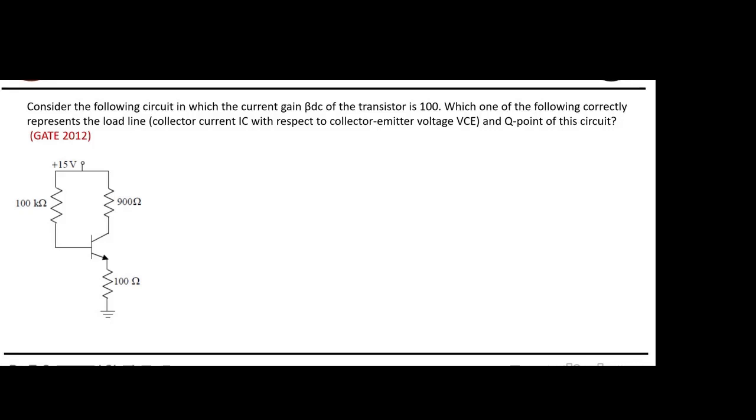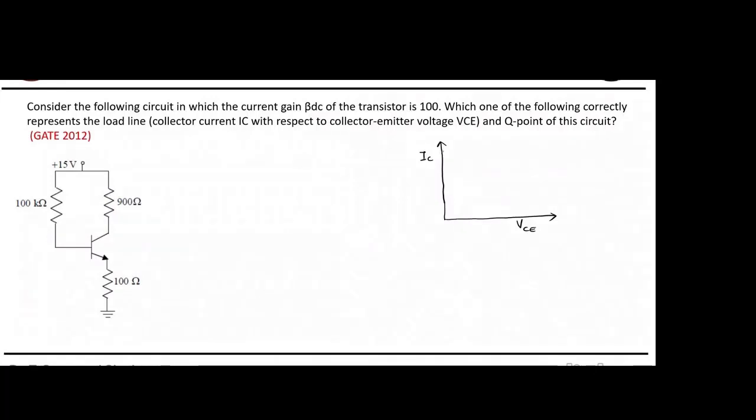Okay, have you read this question? The question says that in this circuit, the beta DC, that is the beta value, is 100. And which one of the following correctly represents the load line? In the actual question they have given 4 options, but I am not showing you the options here. So first of all, the load line is a plot of IC versus VCE, and it is a DC load line.